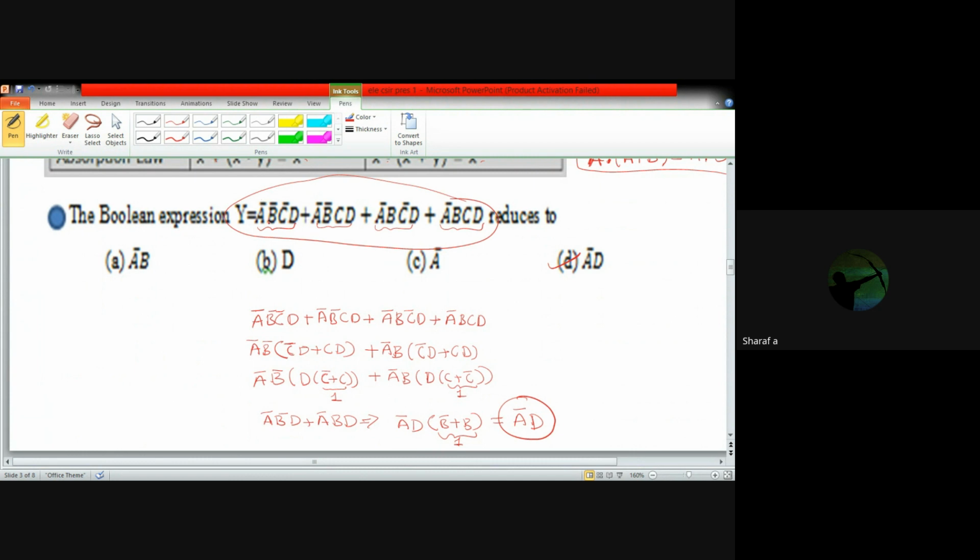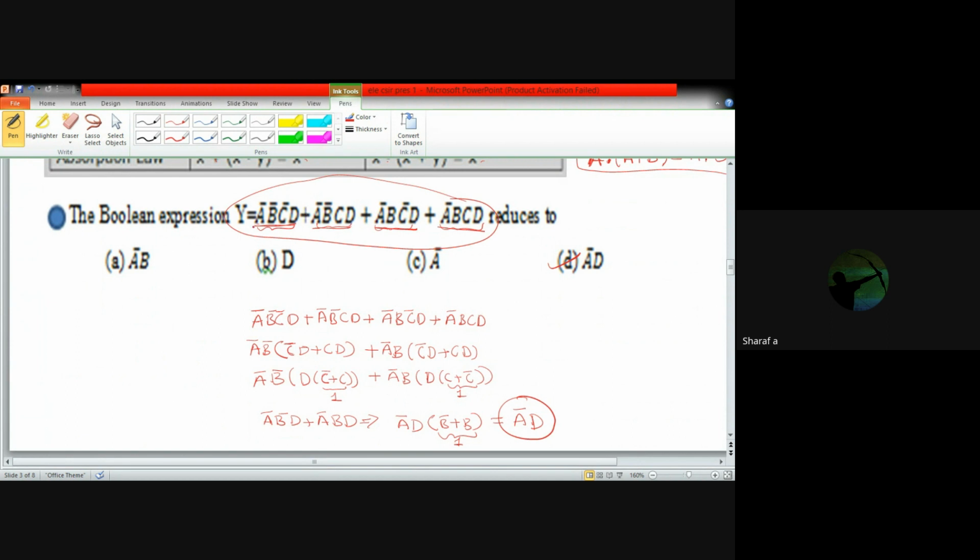All these are product terms. All are multiplied. Okay. So all these are product terms, and they are added. You can see addition here, plus, plus, plus.